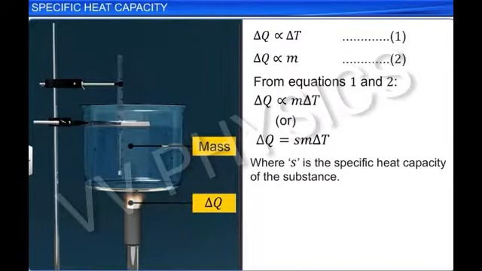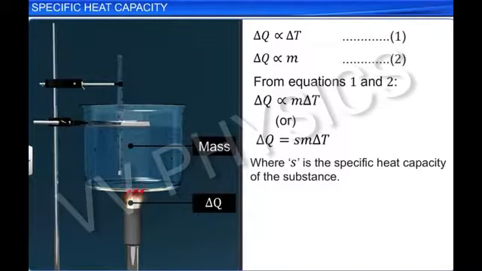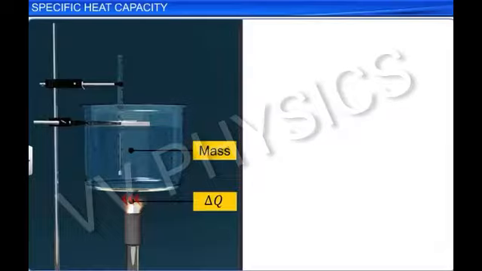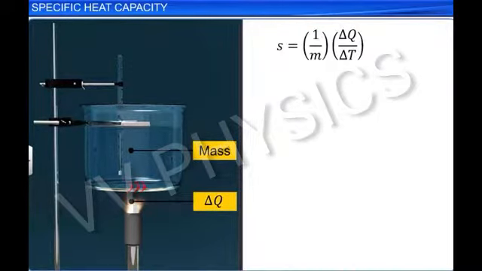Specific heat capacity is the quantity of heat absorbed or emitted by a unit mass of a substance for a change in its temperature by 1 unit. Specific heat capacity S can be expressed as S equals 1 by m into delta Q by delta T. The SI unit of specific heat capacity is joule per kilogram Kelvin.